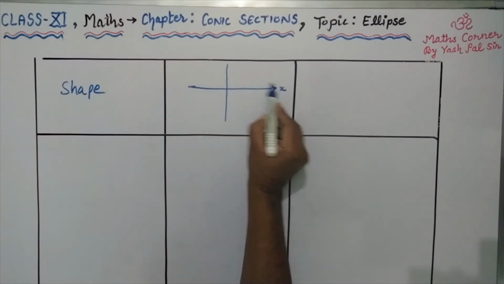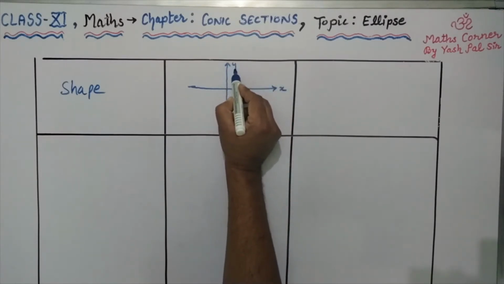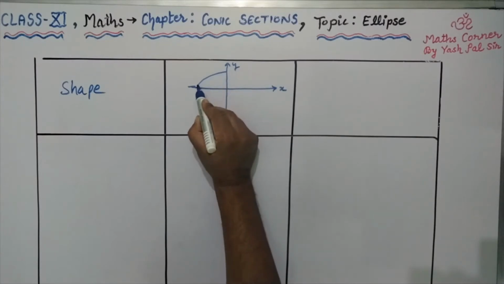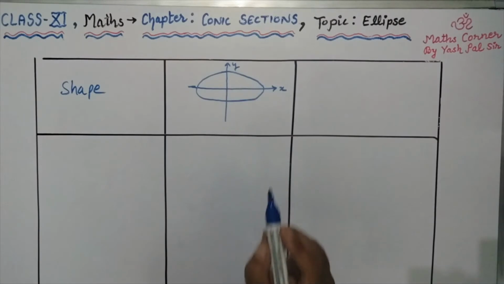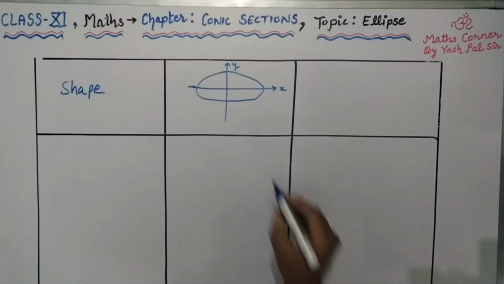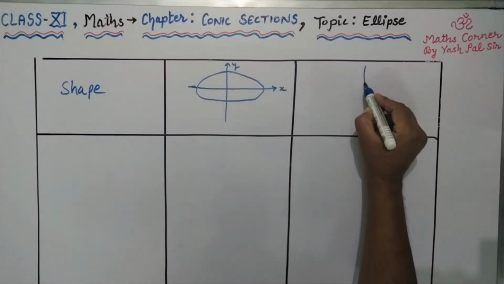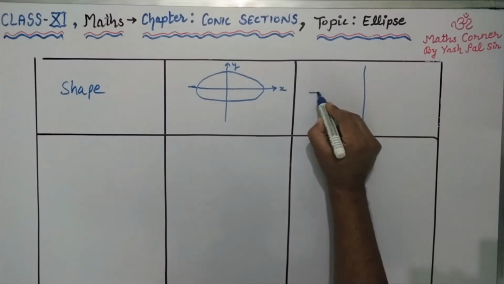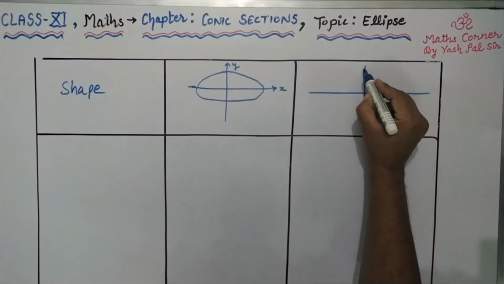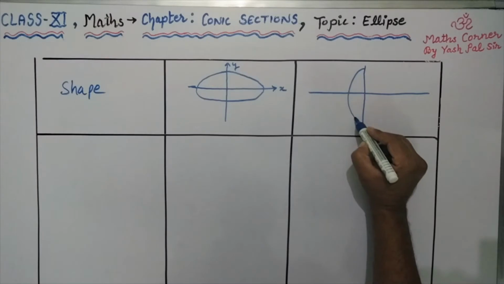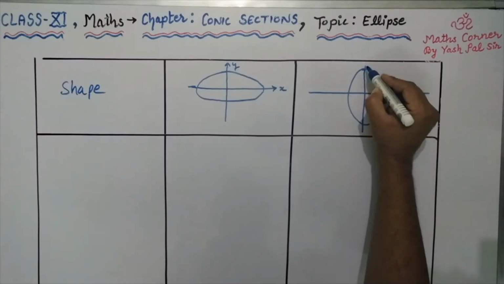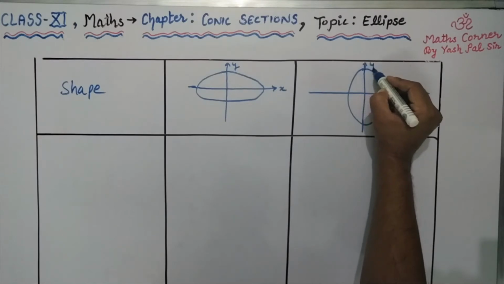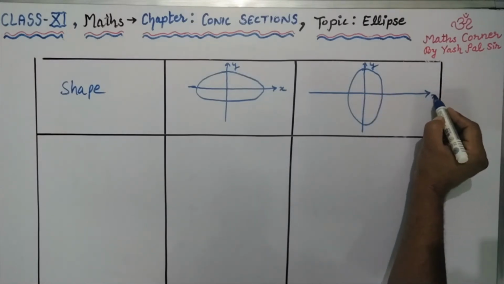Here we have the x-axis and y-axis. So this is the first kind, and the second kind we have of this type, again with the y-axis and x-axis.